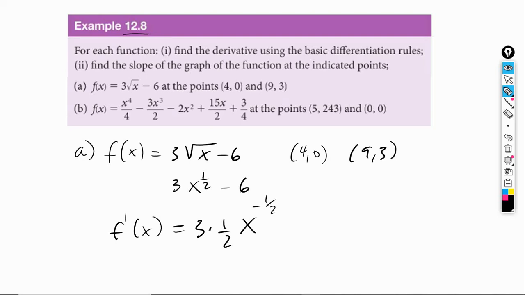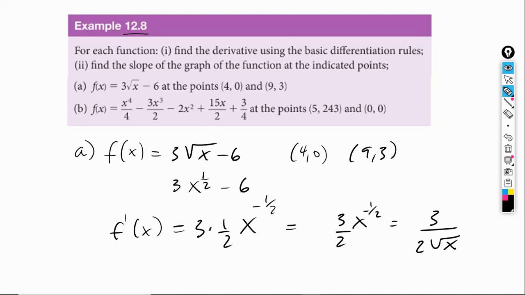And this is the minus 6. The derivative of that would be just 0. So then this would equal 3/2 x to the negative 1/2, or what is the same, 3 over 2 square root of x.